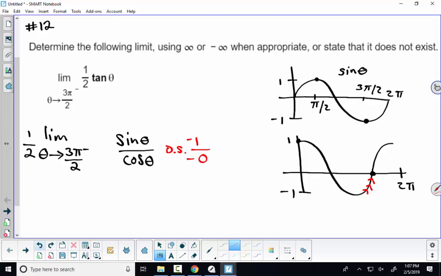Our numerator is fixed, our denominator is getting closer and closer to 0. There's no way to simplify this. You can't factor, you can't rationalize, you can't do anything else. So 1/2 tangent approaches infinity as theta approaches 3 pi over 2.